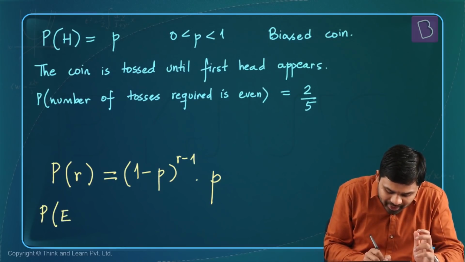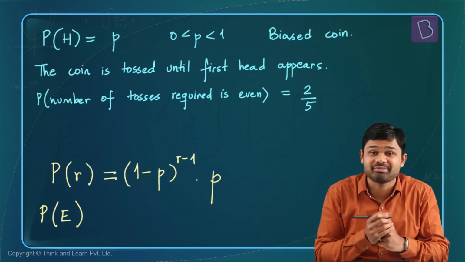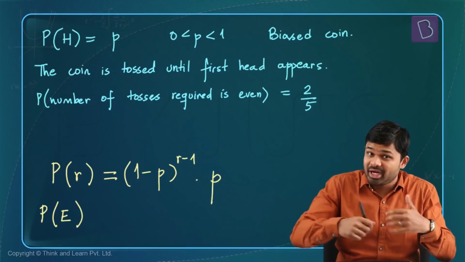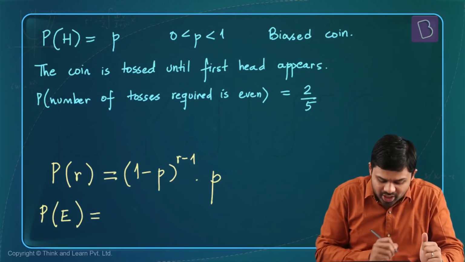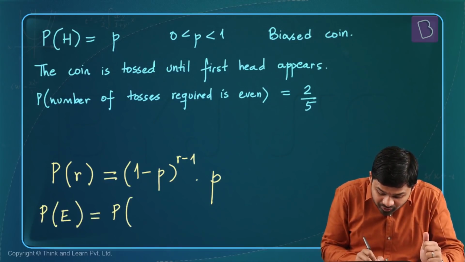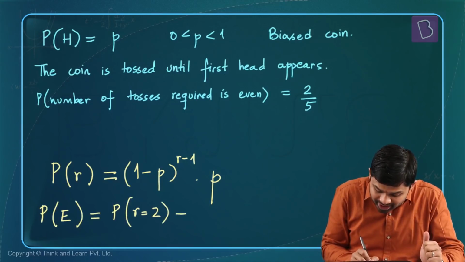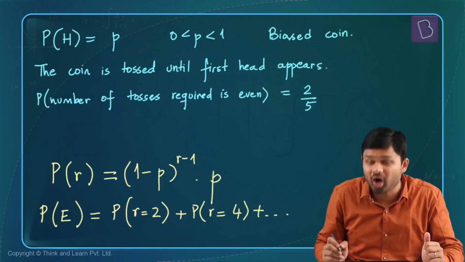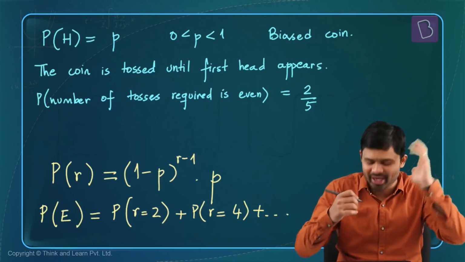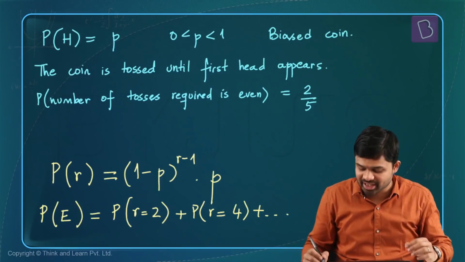So I'm going to call P of E, because of even number, my favorable outcome. So probability of E will be equal to probability of r equal to 2 plus probability of r equal to 4 plus so on, r equal to 6, r equal to 8, and that is going to go on all the way up till infinity.